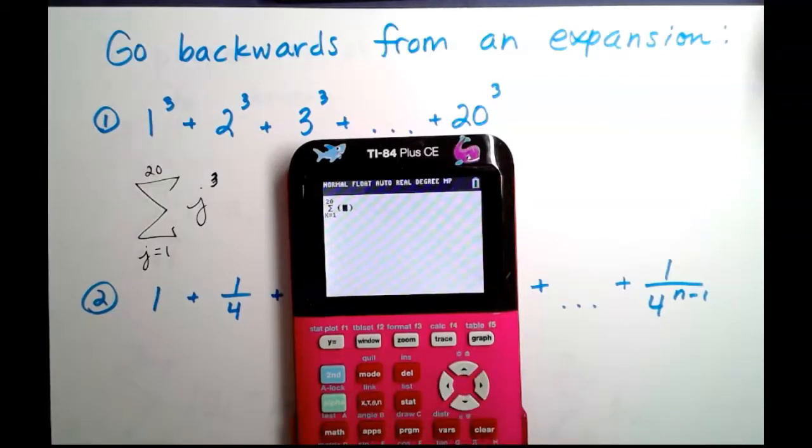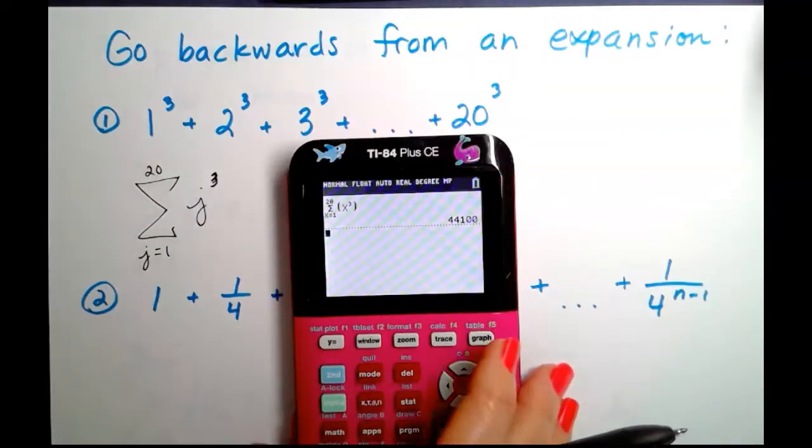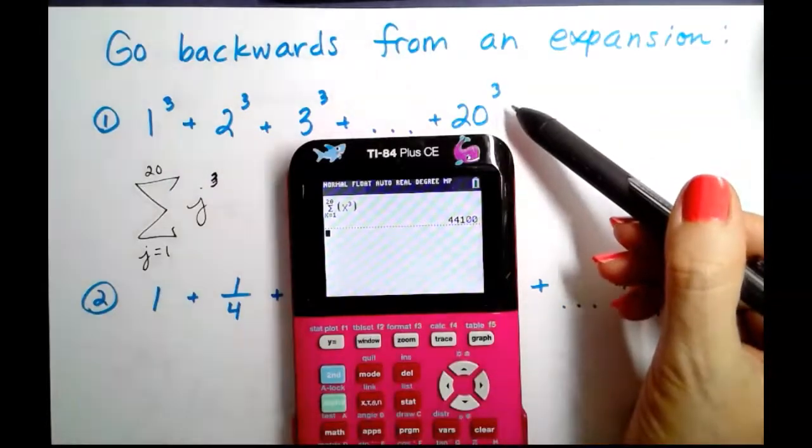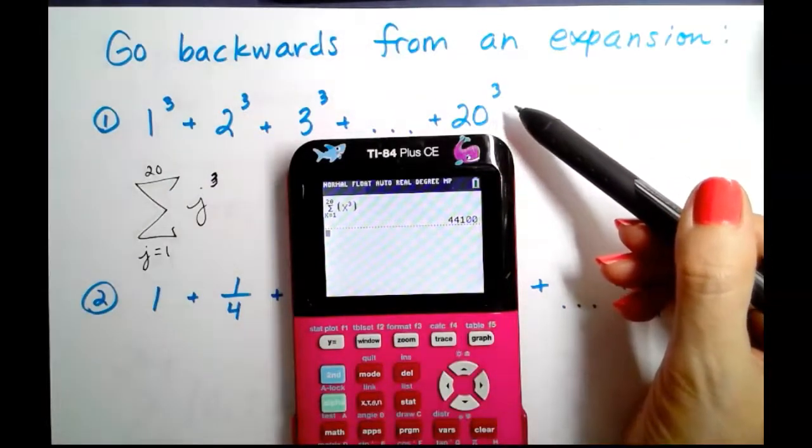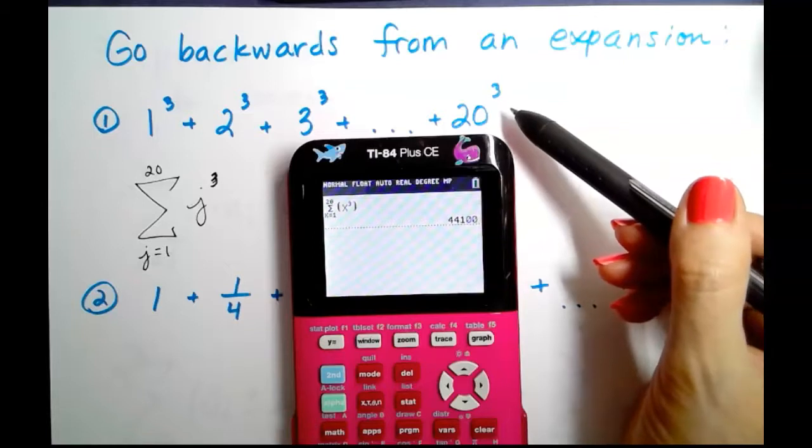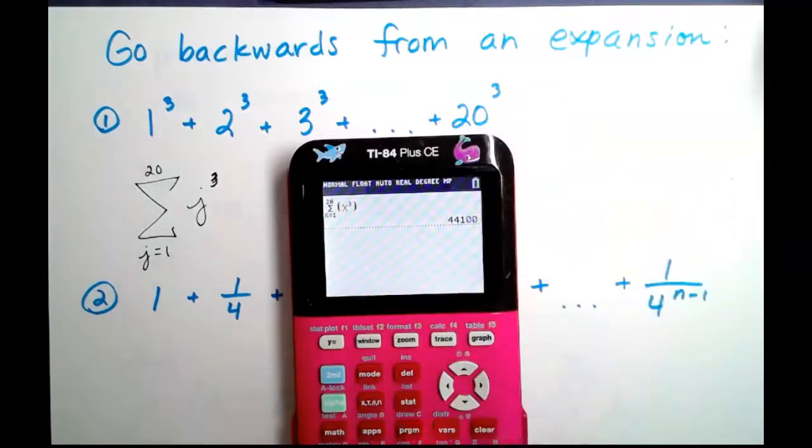Our rule or argument here is X raised to the third. And when we simplify, we end up with 44,100, which makes sense because 20 to the third on its own is going to be 8,000. So we've got a pretty good amount in this summation.